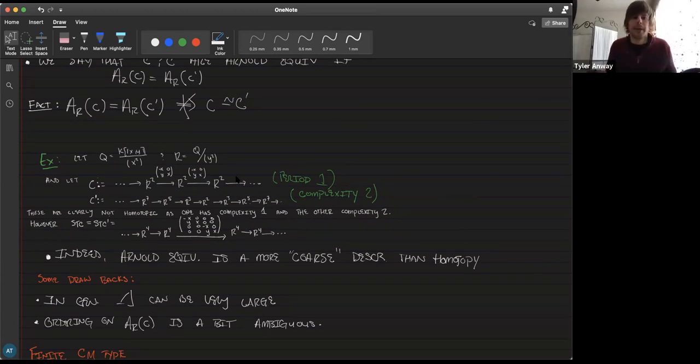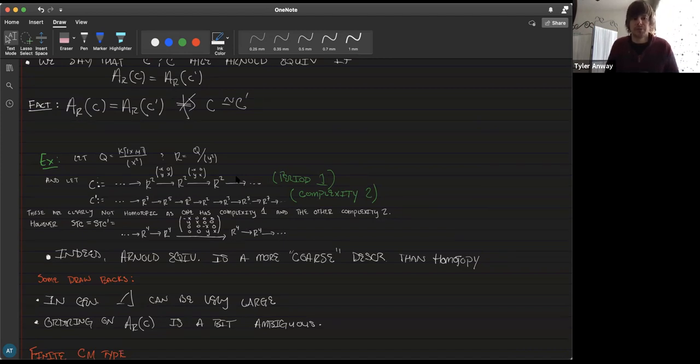That would make a good choice, because you can take Q to be something of codimension 1, and then let your R be any length of regular sequence. Then you can take something with a huge codimension and approximate it by these complexes that are necessarily periodic of period at most 2. So that's really nice.